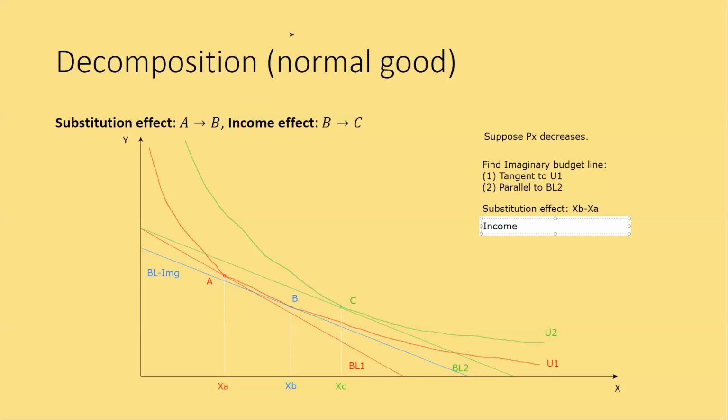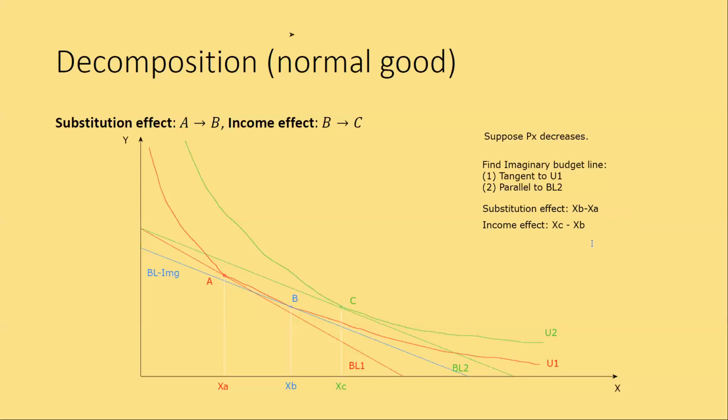Moving from point B to point C is our income effect. And that is XC minus XB. So moving from this imaginary budget line to our new budget line, because they are parallel, the price ratio did not change. The relative price of the two goods are the same.